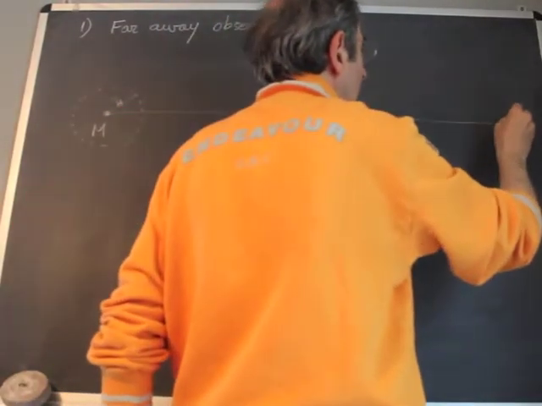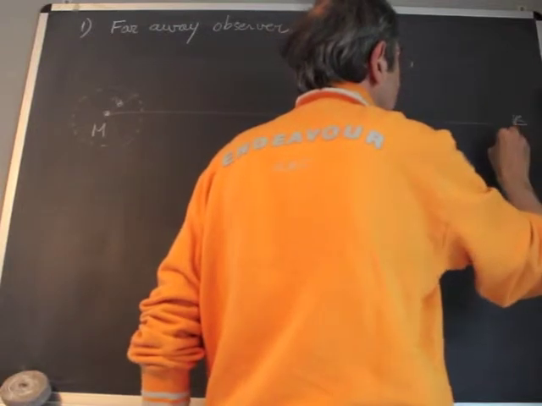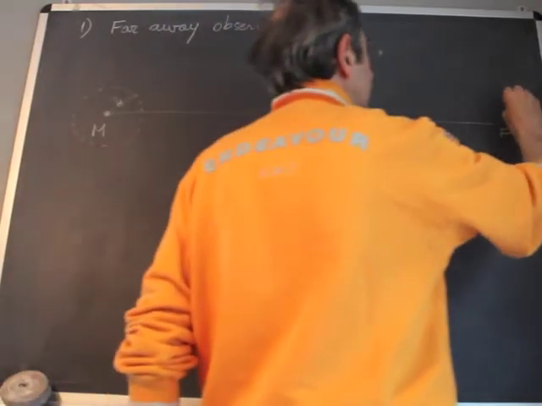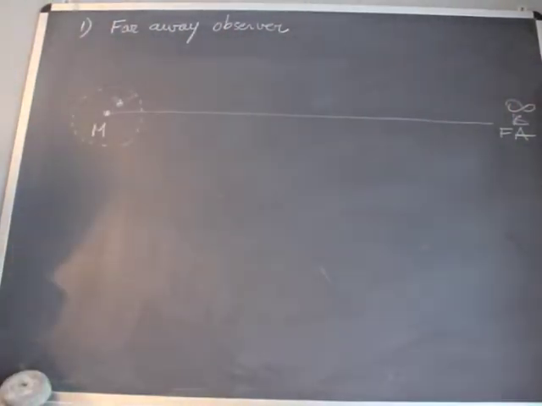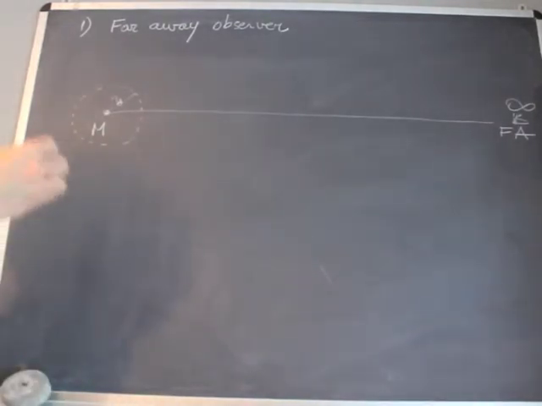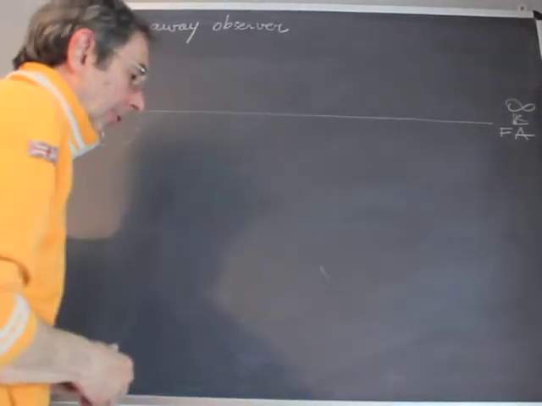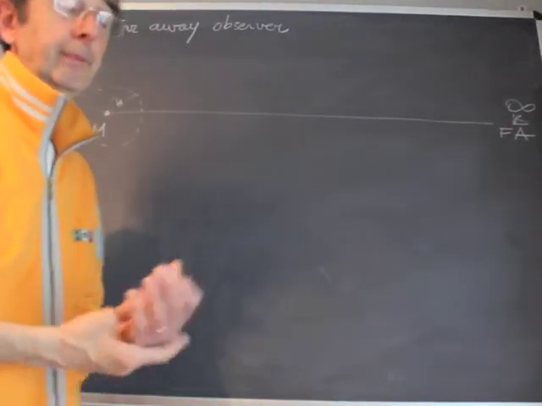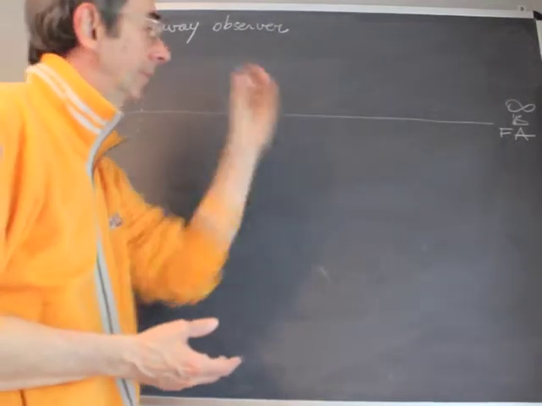And very, very far away we have our observer, the far away observer, and this is infinite distance. We know that for him, the description of the geometry of the space-time is given by the Schwarzschild metric, the one that I've written just before.